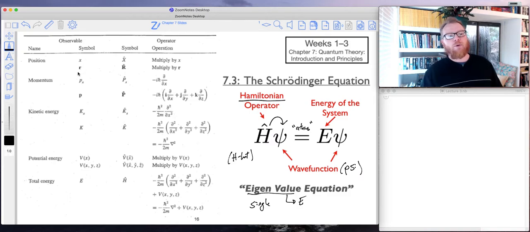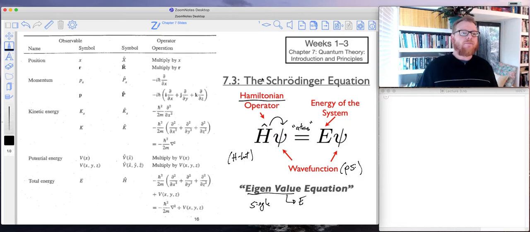Or similarly, if we were doing this in spherical polar coordinates, we would use r, the radius. Here we can see the momentum operator, and that gets a little more complicated. That's negative i, the imaginary number, times h bar, times the partial derivative with respect to x. That's if it's only in x. If it's in 3 dimensions, we're going to get into some rather complicated math.